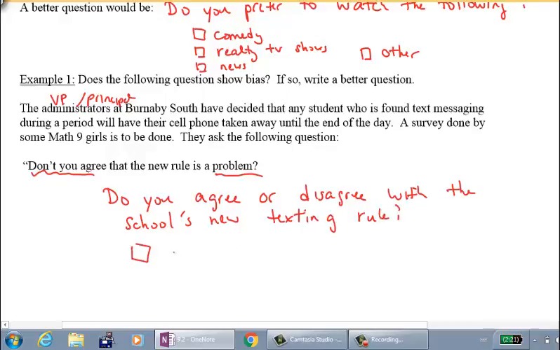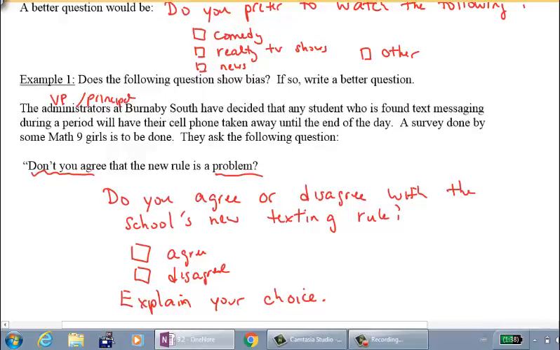And then people can choose agree, or they can choose disagree. And then after that, you could ask perhaps a question like, explain your choice, so that you can find out more reasons why people surveyed said agreed or disagreed.